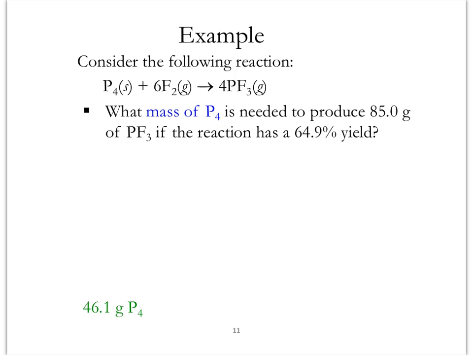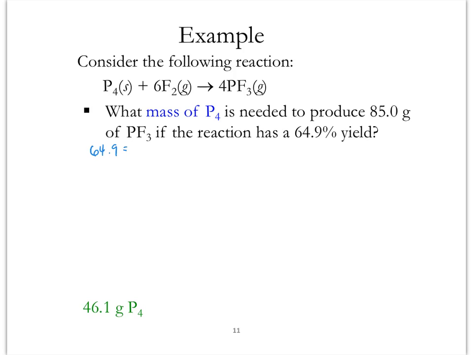So this problem: what mass of P4 is needed to produce 85 grams of PF3 if the reaction has a 64.9% yield? So they're telling you the percentage, 64.9 percent. What mass is needed to produce 85 grams of PF3?